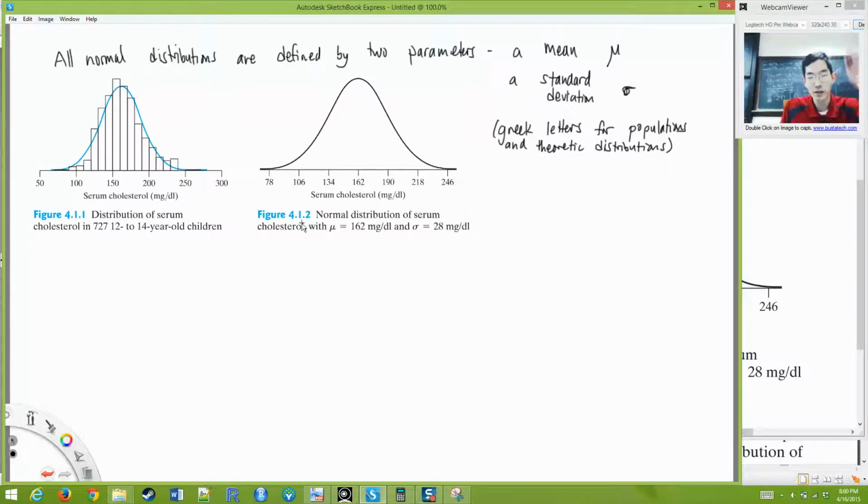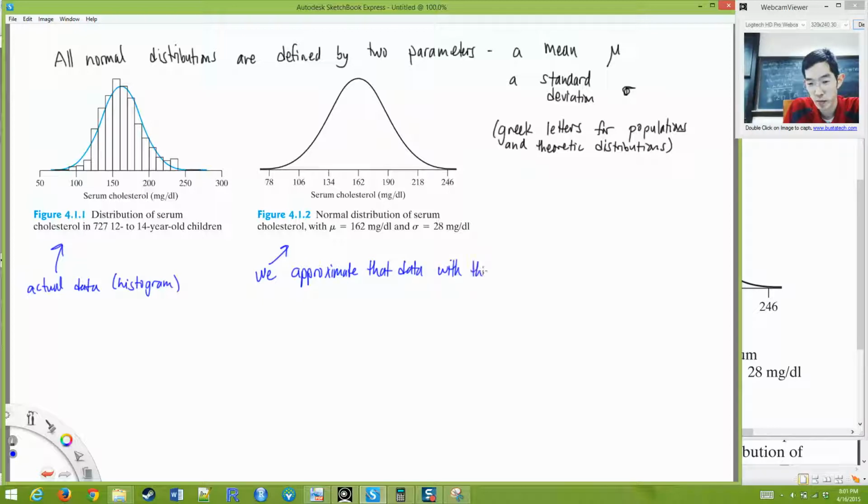Okay, so here we see this is actual data, actual data with the histogram. Okay, we approximate that. So we're approximating it with the normal distribution.